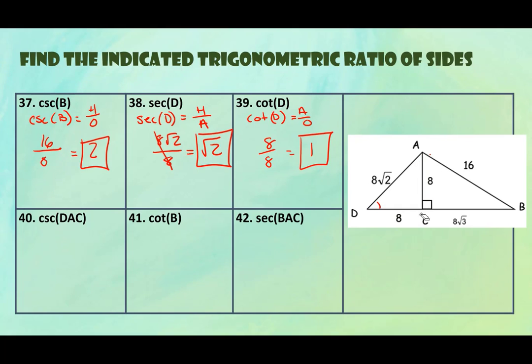Now we're getting back into the trickier angles again. We have cosecant of DAC. So remember, we start at D, we go up to A, down to C, which means this is our angle right here. And remember that cosecant is hypotenuse over opposite.